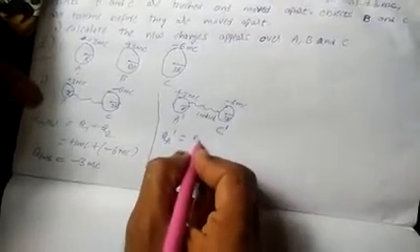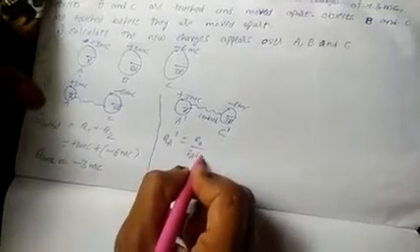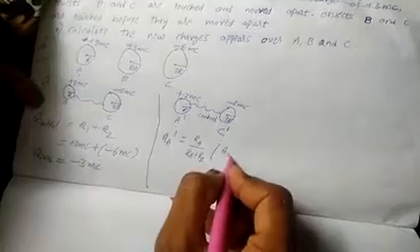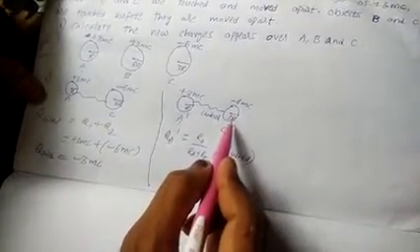So QA prime is equal to RA by RA plus RB into Q initial. This is for finding the final charge of A after touching C. Again, we can find with the same formula the final charge for C also.